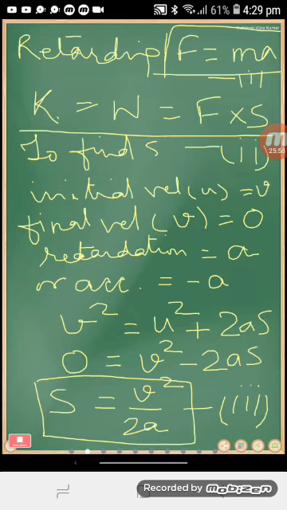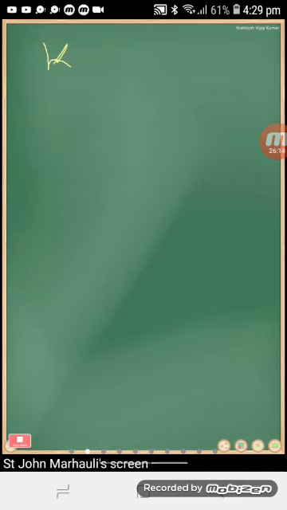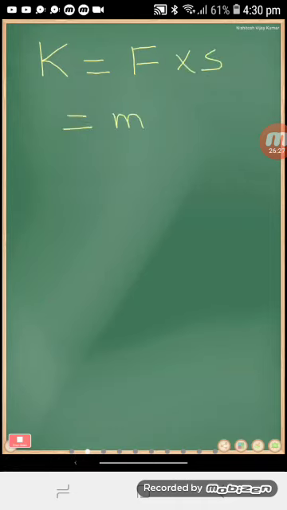So now, if we substitute the values of F and S in equation 2, equation 2 was K is equal to F into S. The value of F was M into A, into the value of S, which was V square upon 2A.